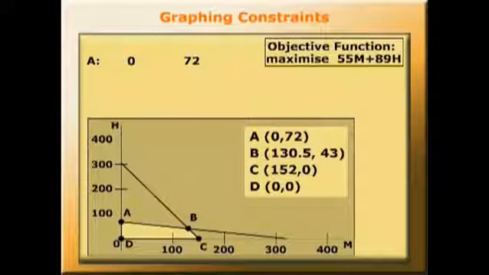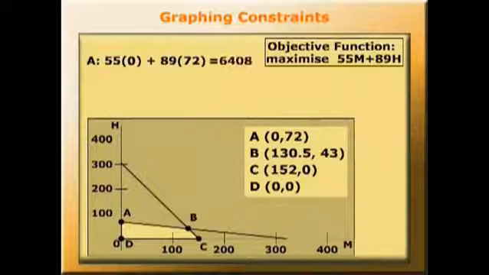So our profits will be 55, the profits on an M, times 0, because we're not making any M if we choose this point, plus 89, the profits from a batch of H, times 72, the number of batches of H that we would then make, which gives us 6,408 euros as the profit which we would make if we chose point A.